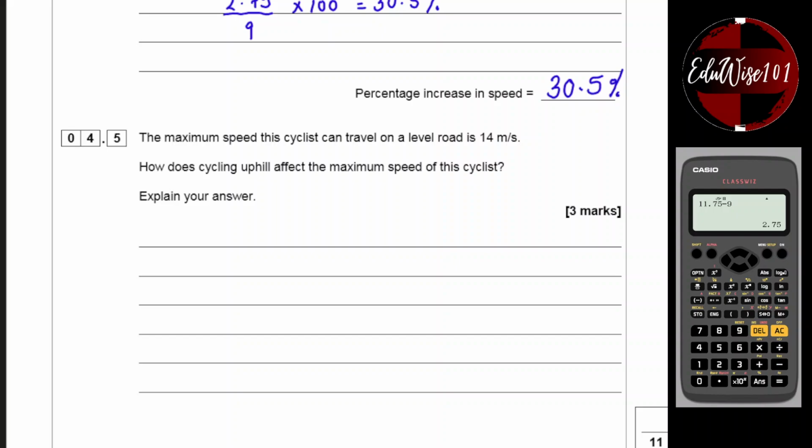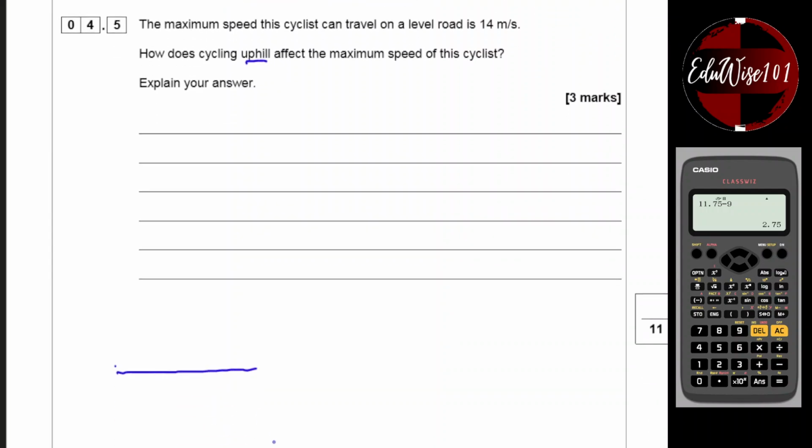The maximum speed the cyclist can travel on a level road is 14 meters per second. How does cycling uphill affect the maximum speed of the cyclist? Let's say a rough diagram to represent this.